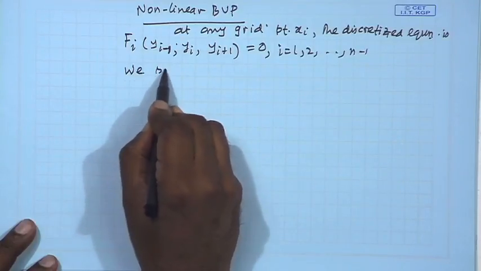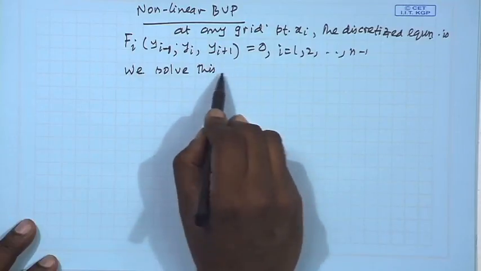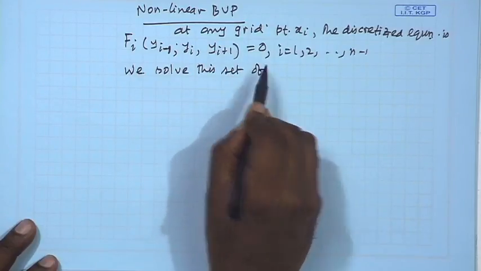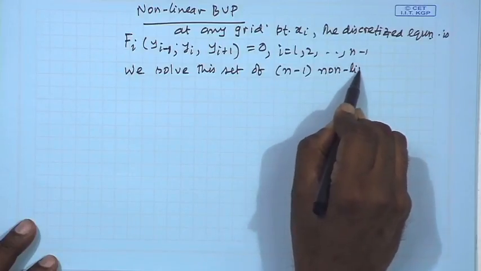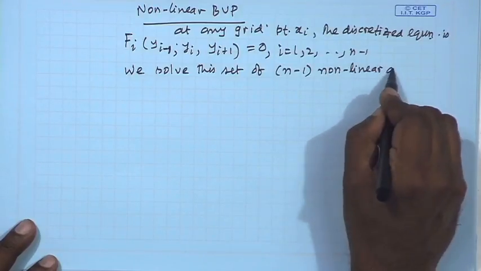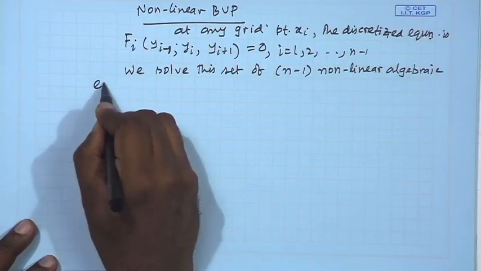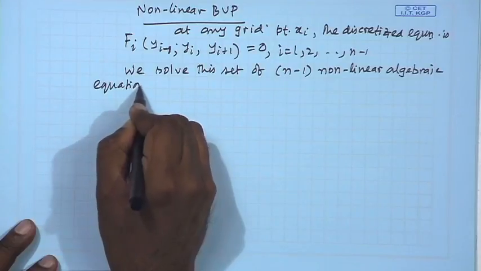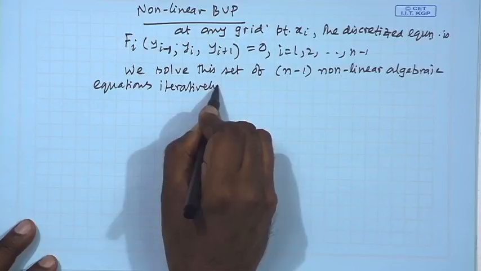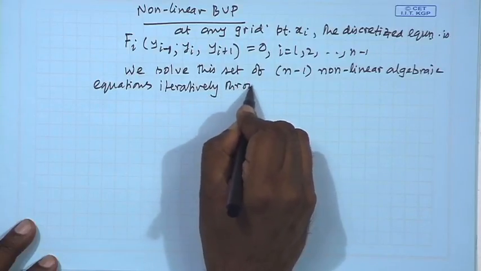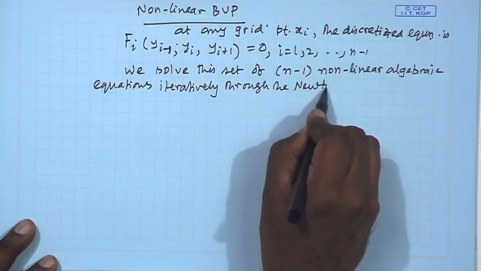Now we solve this set of n minus 1 nonlinear algebraic equations iteratively through Newton's linearization technique.